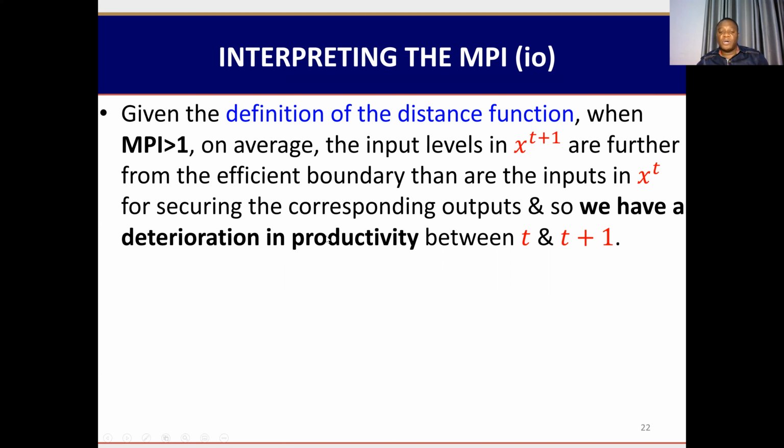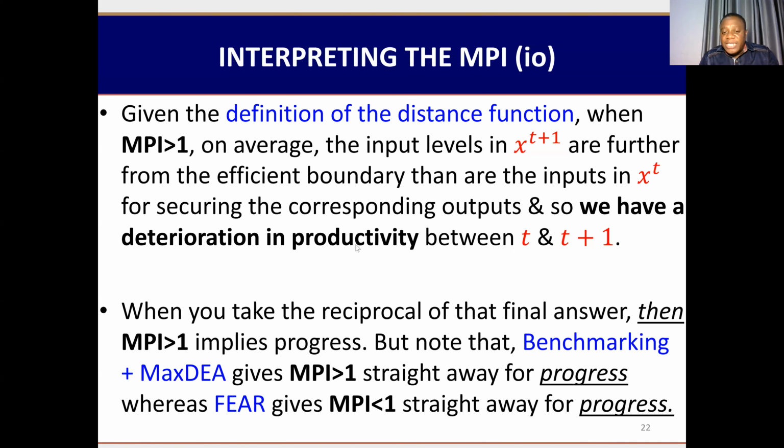But that again depends on the software you are using. When you take the reciprocal of the final answer, MPI greater than 1 will imply progress. I just said that MPI greater than 1 is a regress, but when you take the reciprocal of the answer, it depends on whether I'm using software or hand computation.